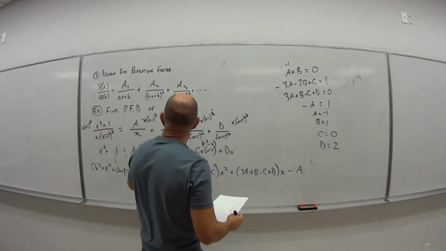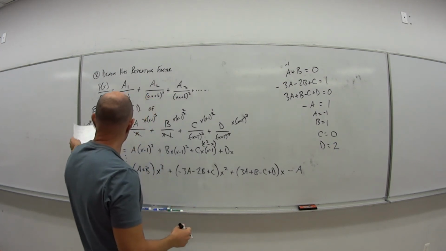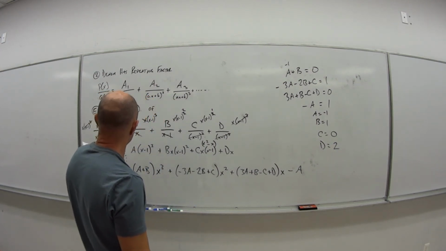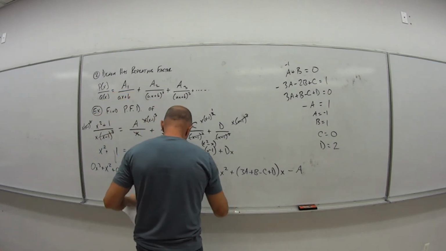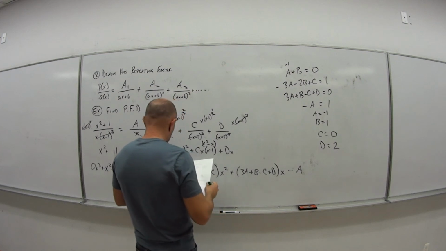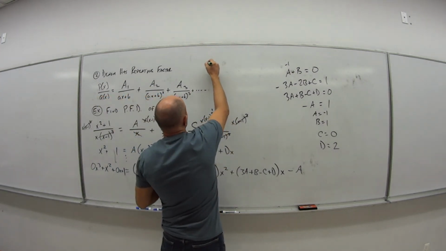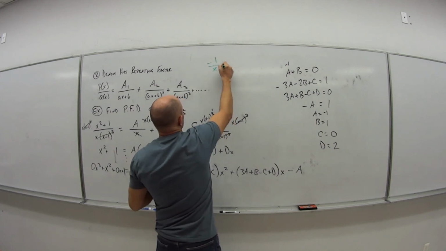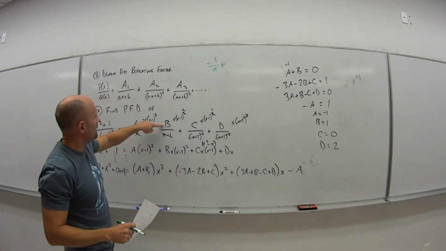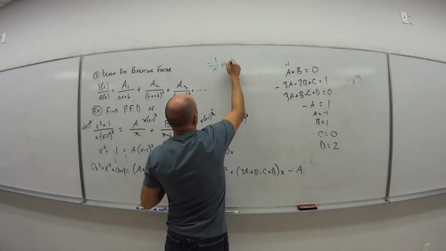So therefore, our answer is that this original fraction is equal to, again I'll switch to green so you have the answer here, A over x, which is negative 1 over x, plus B, which is 1 over x minus 1.